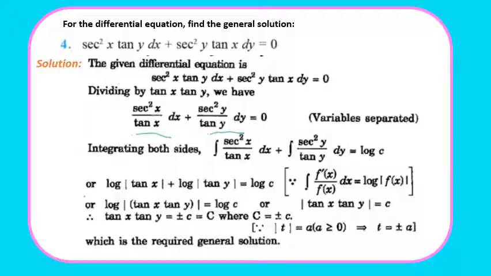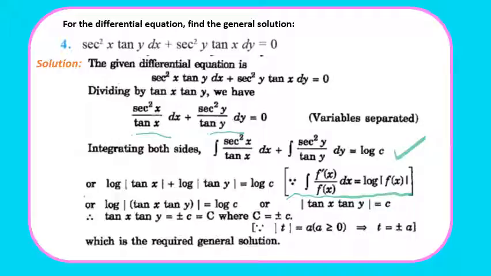So integrating both sides, we get integral sec square x upon tan x dx plus integral sec square y upon tan y dy equals log c. For the constant we are taking log c. So integral sec square x upon tan x dx will be equal to log tan x, plus log tan y equals log c, because we know this property that integral f dash x upon fx dx equals log fx.